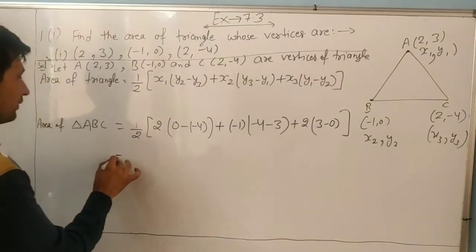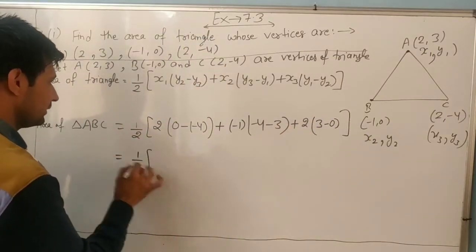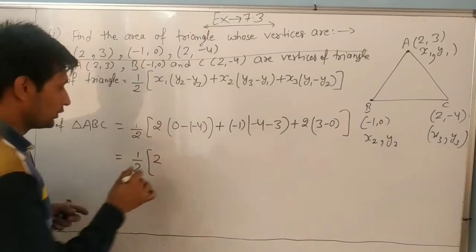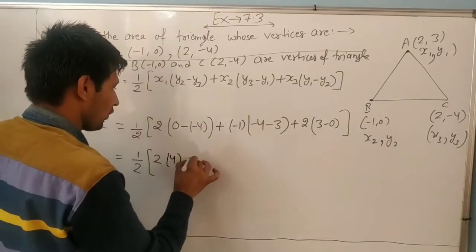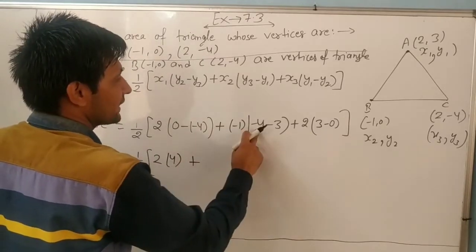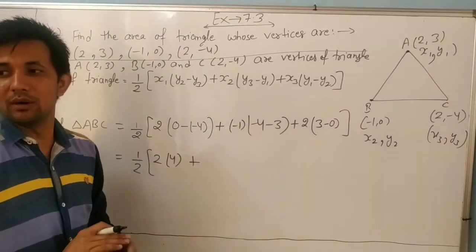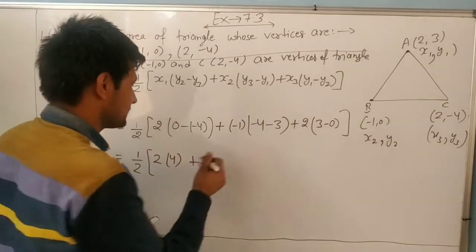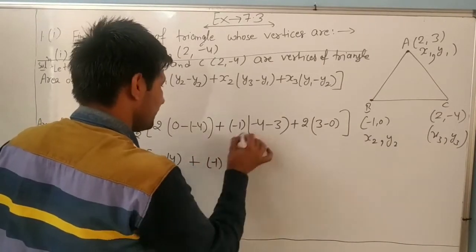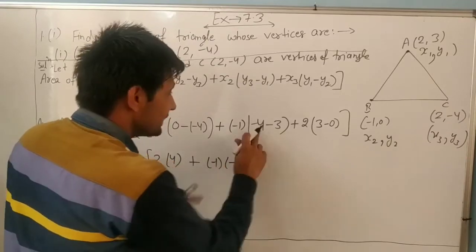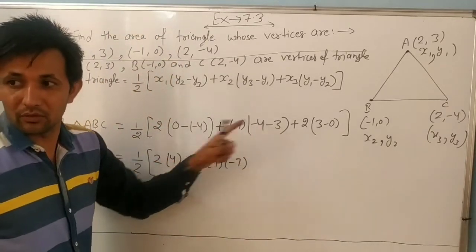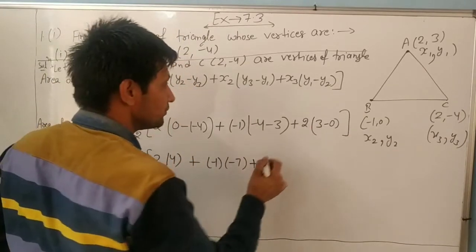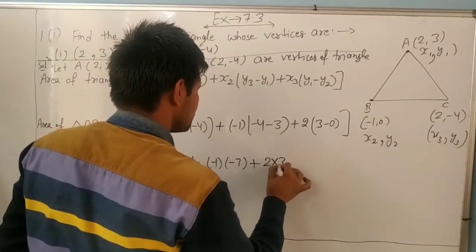And now you will solve it, 1 upon 2, dear. Negative into negative is positive, so 2 into 4 plus minus 4 and minus 3, how much? It is minus 7. Minus 1 into minus 7. They are adding, not multiplication. Now plus 3 minus 0, 0. 2 into 3.